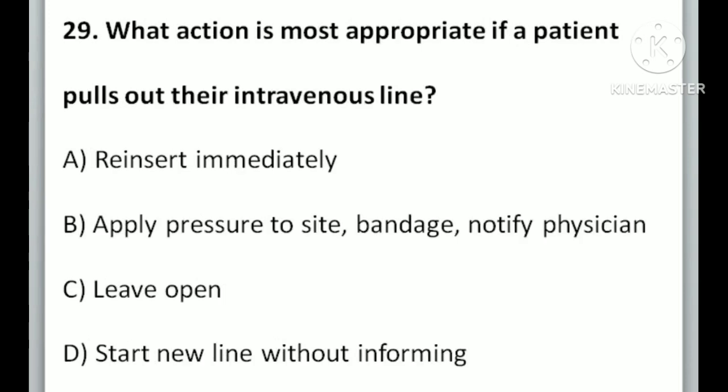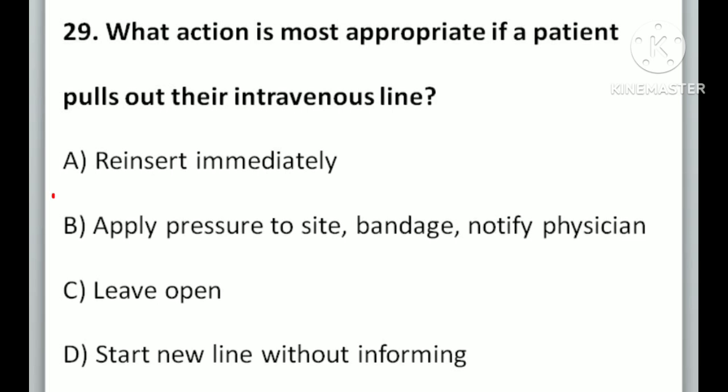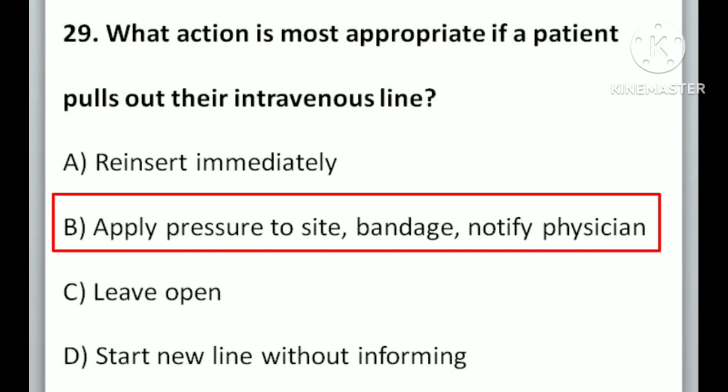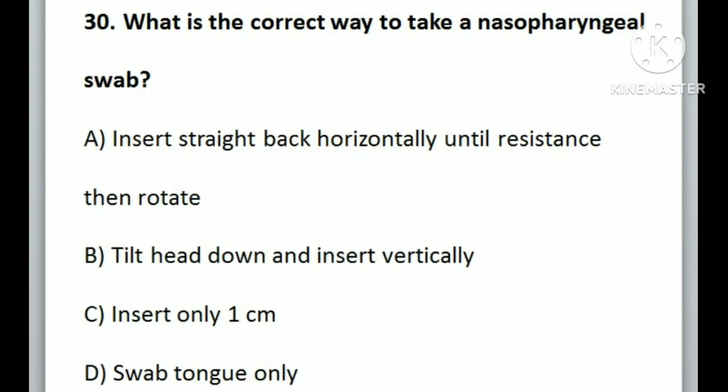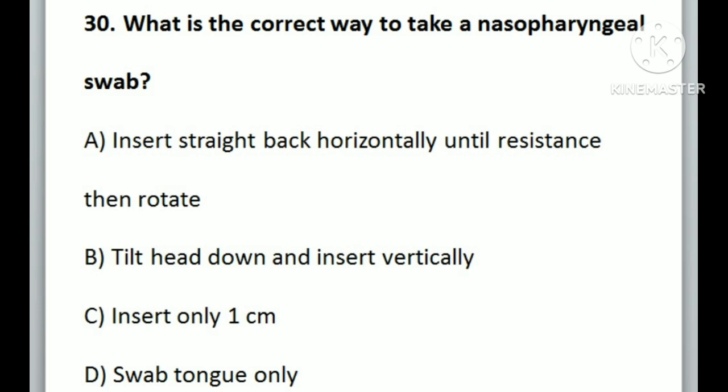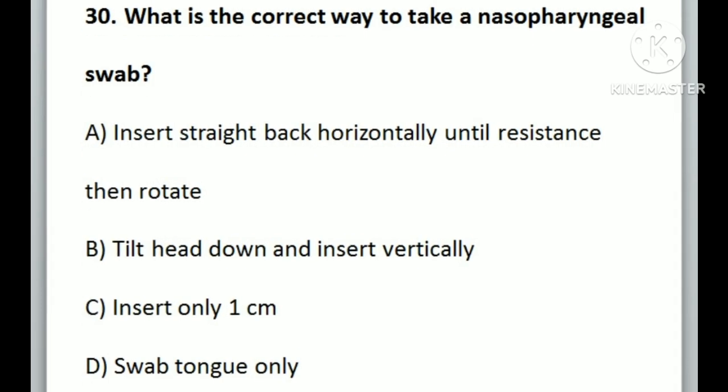29. What action is most appropriate if a patient pulls out their intravenous line? Correct option is B. Apply pressure to site, bandage, notify physician. 30. What is the correct way to take a nasopharyngeal swab?